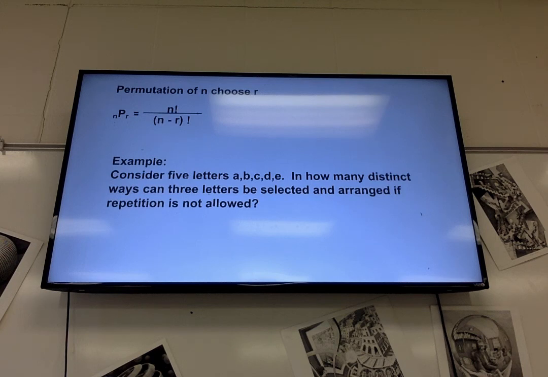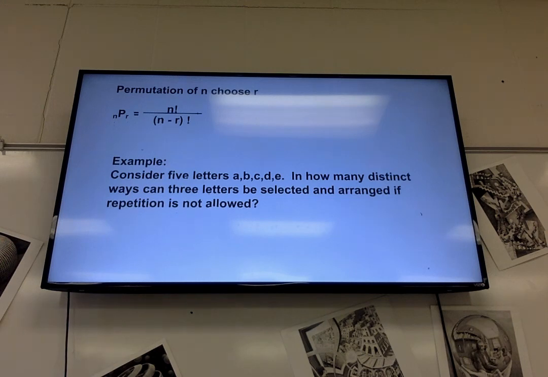So this time, it's like you have 5 kids in your room, but you're only taking 3 of them outside. So you're not choosing all of them. So that's how it's different than what we were doing. Like this problem, we've got 5 letters, A, B, C, D, and E. We want to know how many distinct, which just means different, ways can 3 letters be selected and arranged if repetition is not allowed?